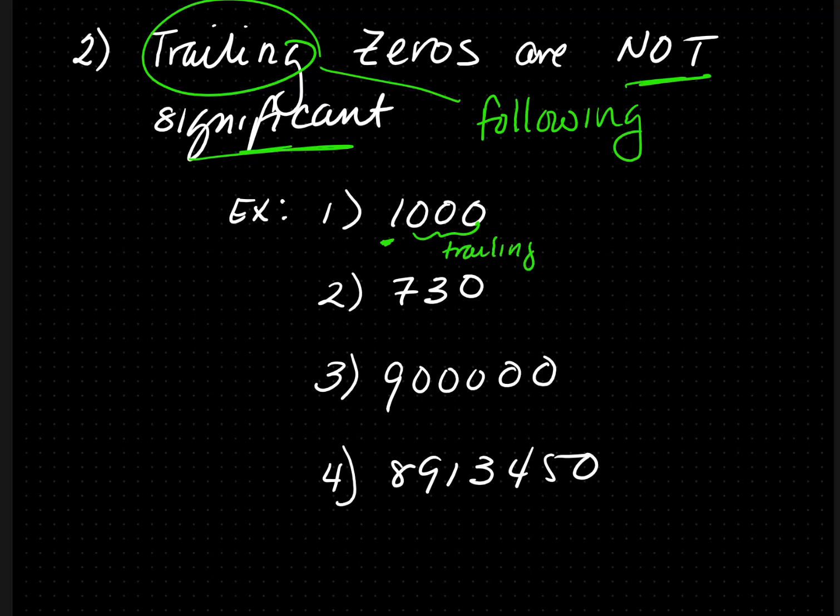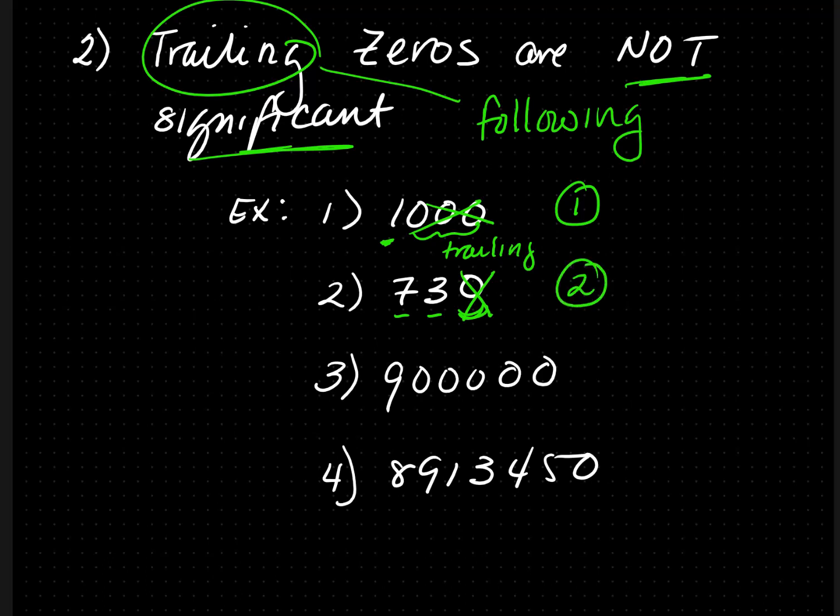So they are not significant, so there's only 1 significant digit. 7 and 3 are non-zero digits, so they are significant. But this 0 right here is following, so that is not significant, so there's 2 significant digits.